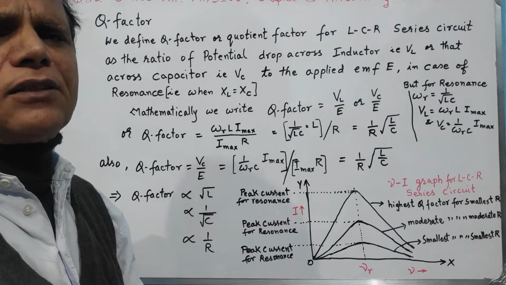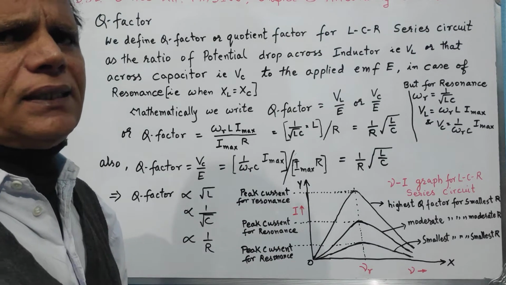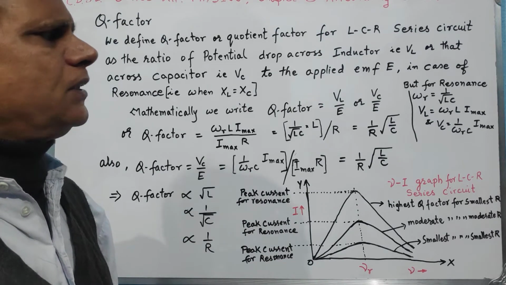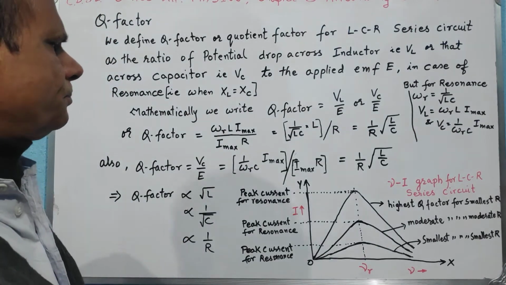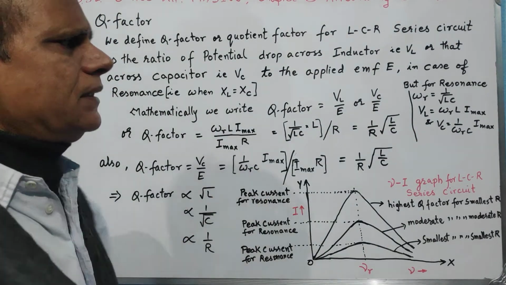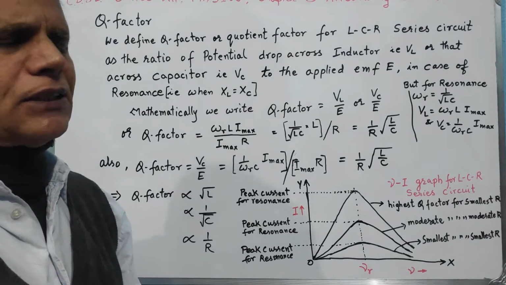LCR is in the state of resonance, and in the state of resonance the applied frequency must be equal to the resonating frequency omega R, and also in this state the current in the circuit will be maximum.